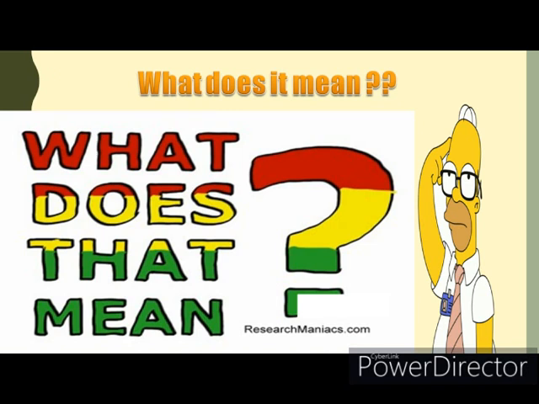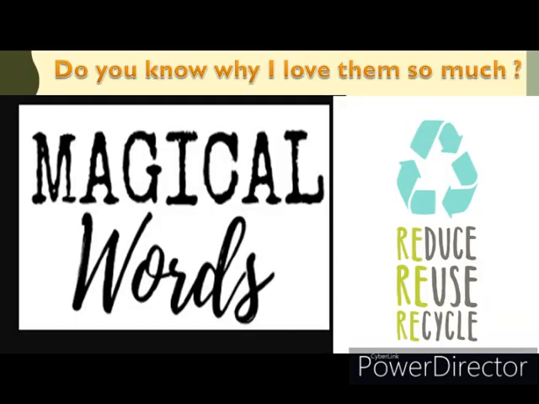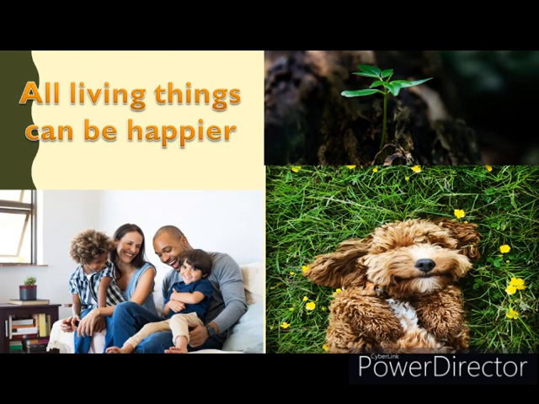What does it mean? It means there are 3 words which start with the letter R, which I love. They are reduce, reuse, and recycle. Do you know why I love them so much? Because they are almost magical words.